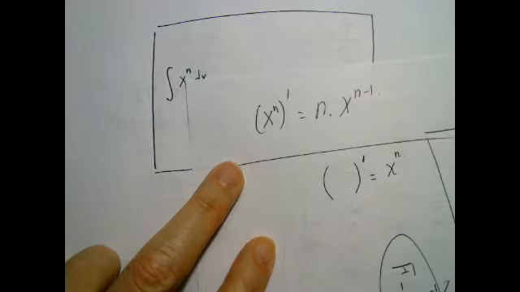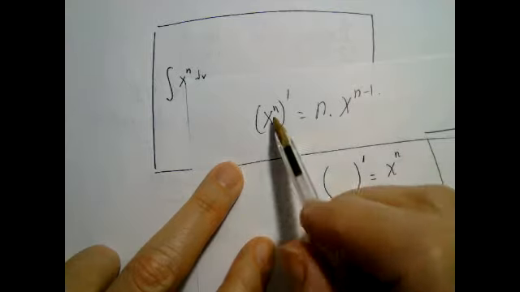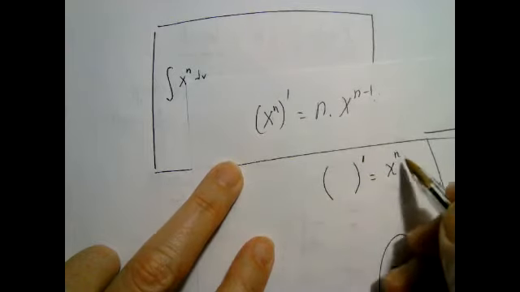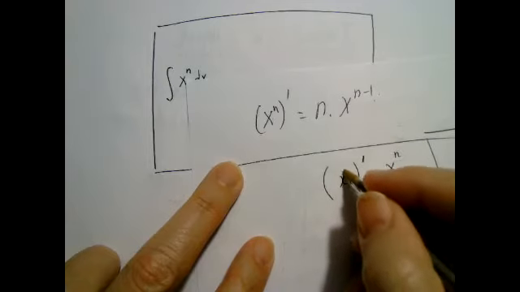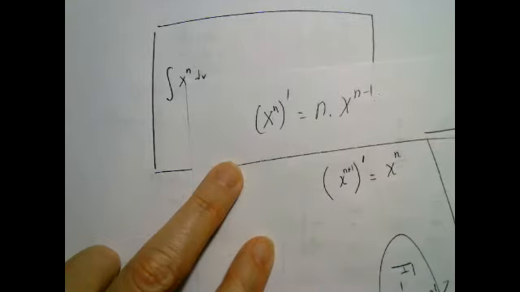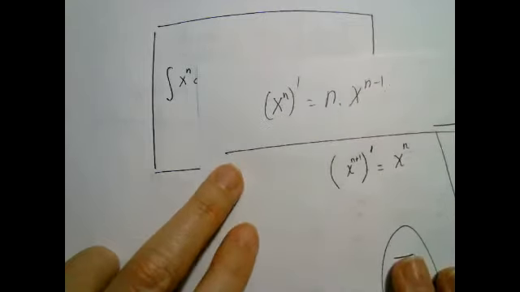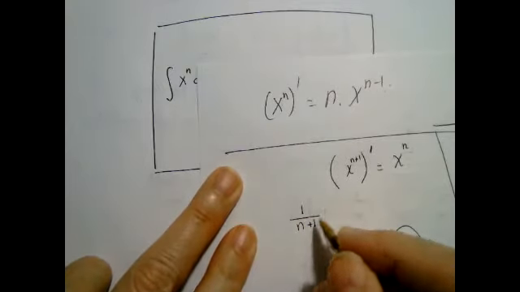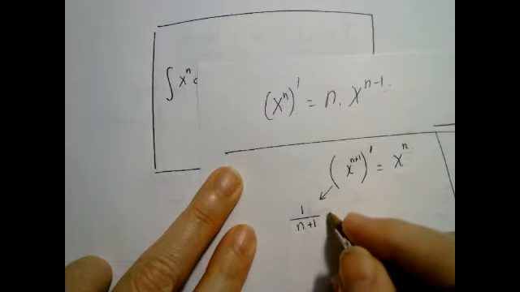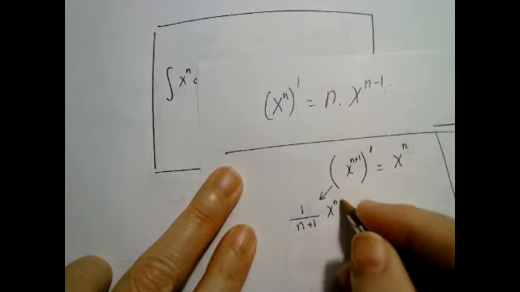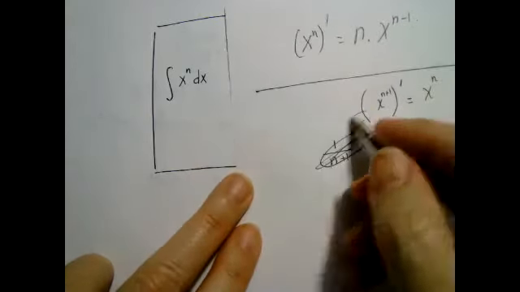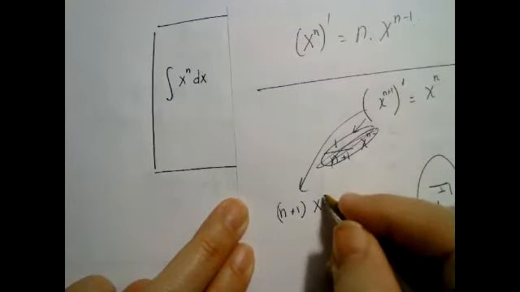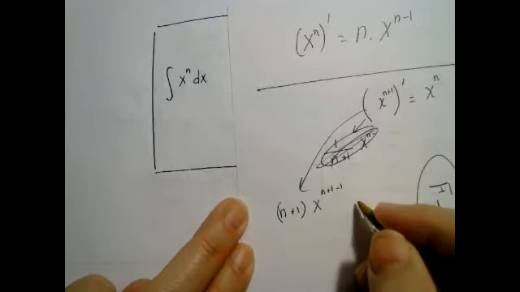So based on the pattern, the derivative takes 1 away. So if I want to find a function whose derivative is x^n, I have to add n plus 1. That's crucial. But the derivative of x to the n plus 1 is n plus 1 times x to the power n plus 1 minus 1.